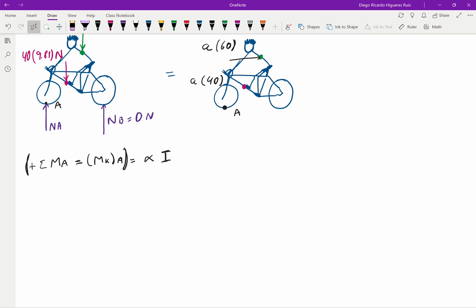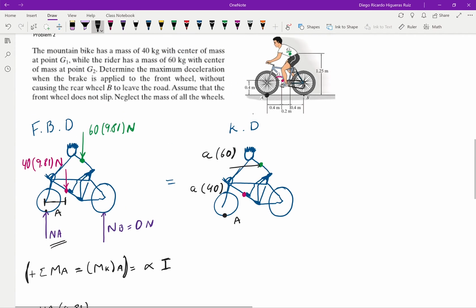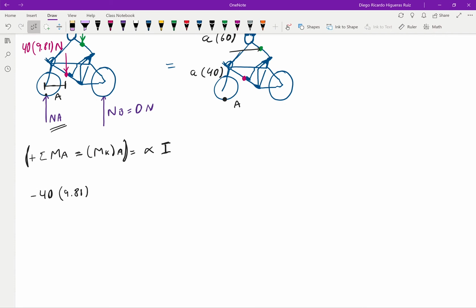The moment produced by the normal force A is equal to 0 because that's not producing any moment. Then we're going to have a negative moment produced by the weight of the bike times this distance right here, and we can take that from the given image in the problem, which is 0.4, and the units are newton meters. And then we have another moment that is also minus.